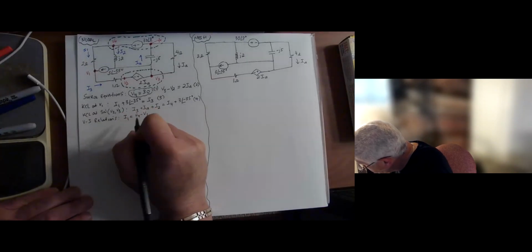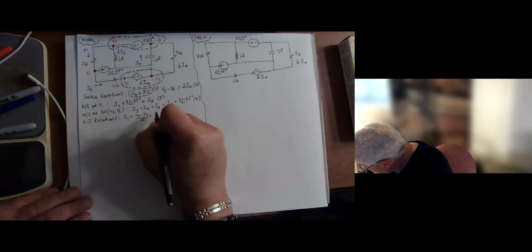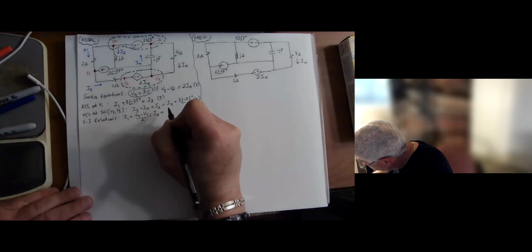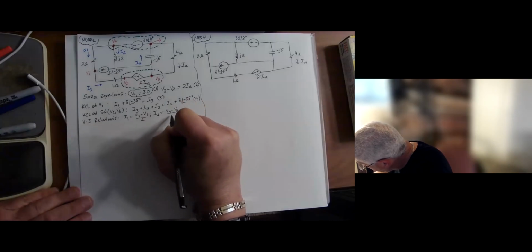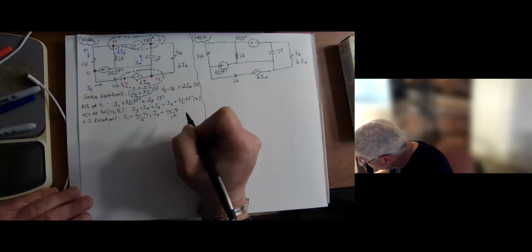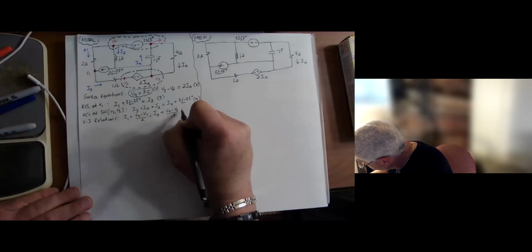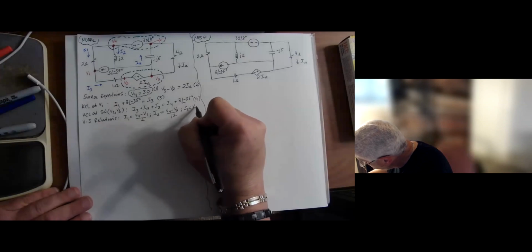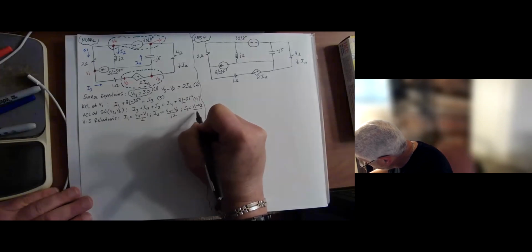So I'm going to do I1 equals V4 minus V1 over 2. I2 equals V4 minus V3 over j2. I3 equals V1 minus V2 over 1.